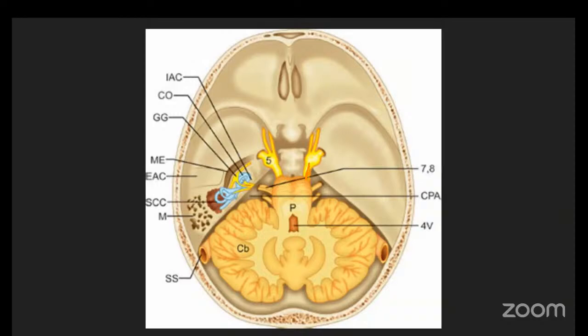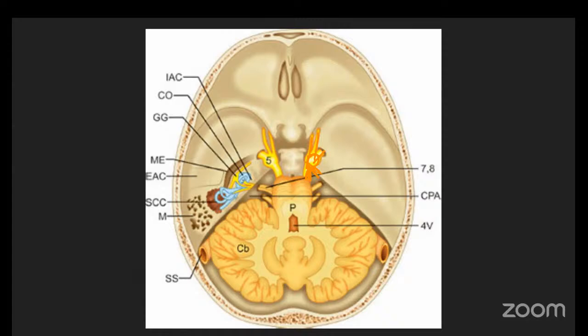And this is a single trunk, right? The single trunk then goes inside Meckel's cave, making the Gasserian ganglion, and then there are these 3 branches. But this happens after it leaves the cistern. Is that clear?